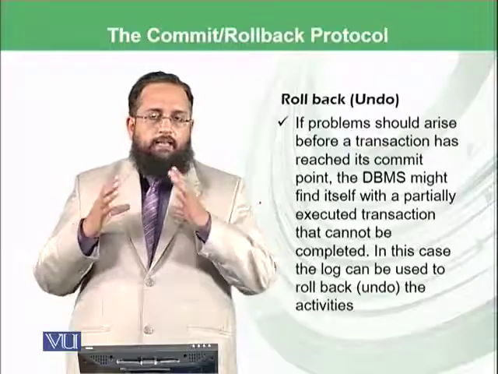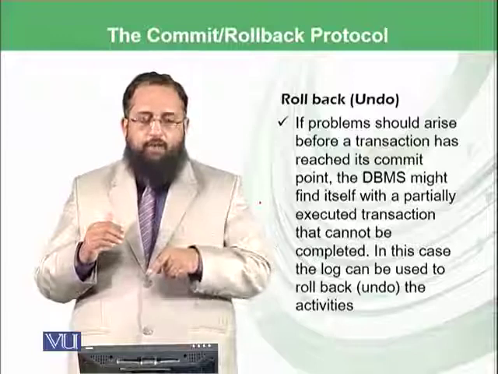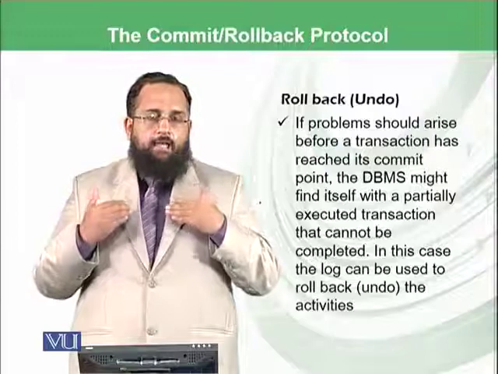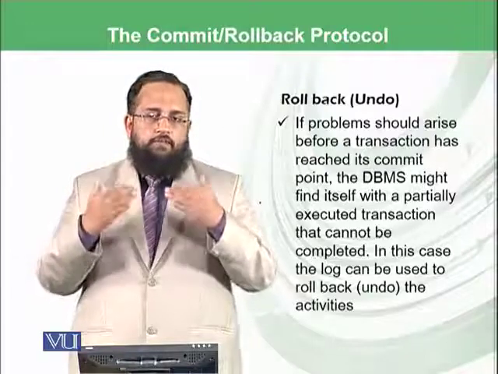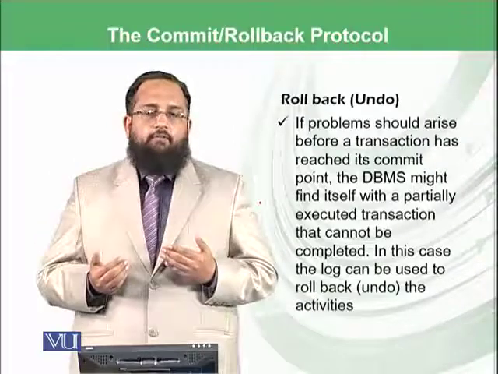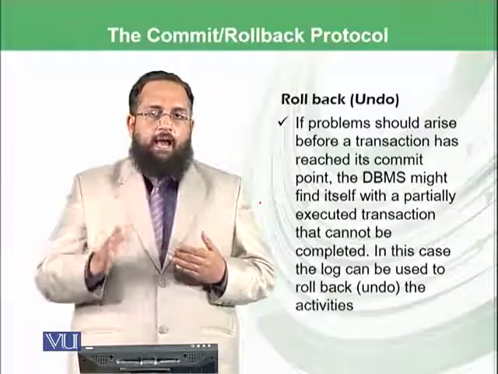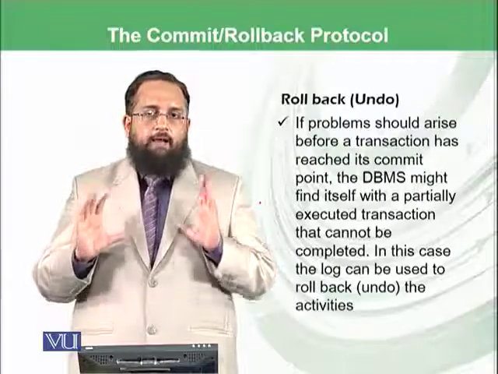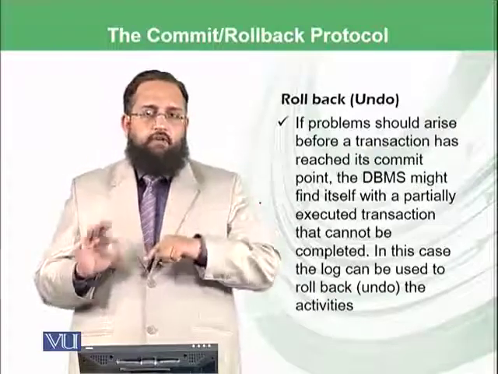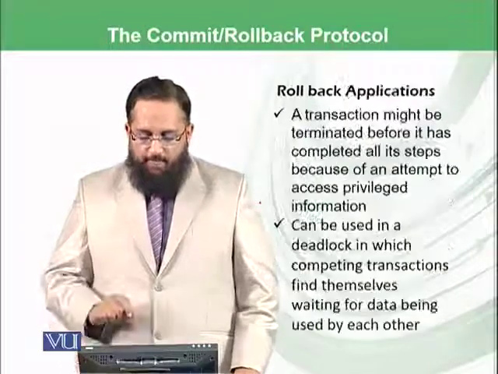So this means in the log file, there is no commit point. At that place, you can perform the rollback. By rollback, we mean executing those instructions in reverse order. So if you have decremented 200 from account A, now add those 200 back into account A, put the database in proper shape, and then perform the instruction again from the start so that the complete transaction can be completed.